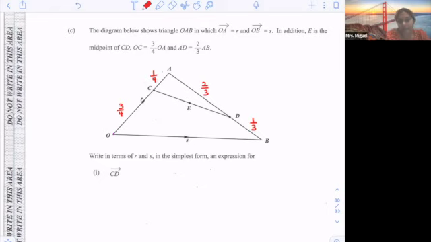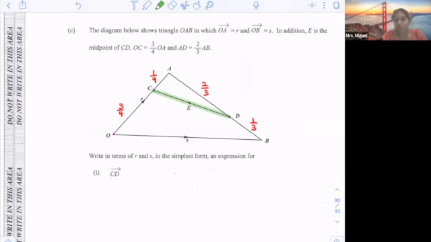They are asking us for CD. So they want the vector CD. So we look at the route. We're going from C to D. But we cannot go directly, so we have to use the triangle law of vectors.